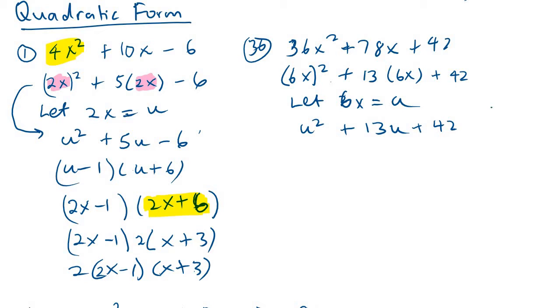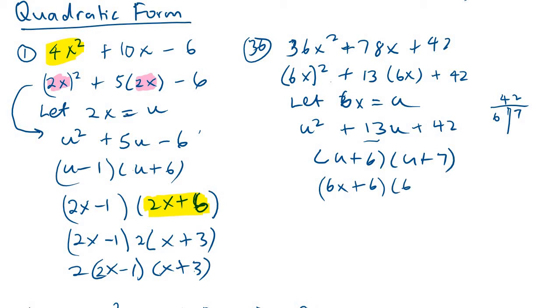So what we do is try to break 42 up. Well, looking at that 13, I just know I need to use 6 and 7. They are both positive. So u plus 6 and u plus 7 is what I needed. And now I can just go ahead and replace the 6x back again. So it will be 6x in place of u.